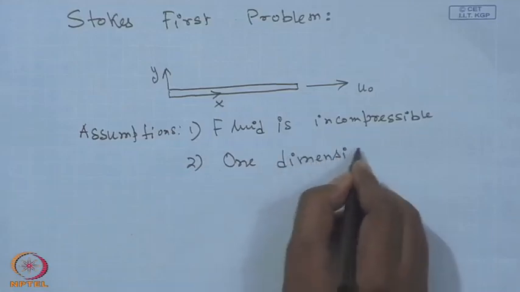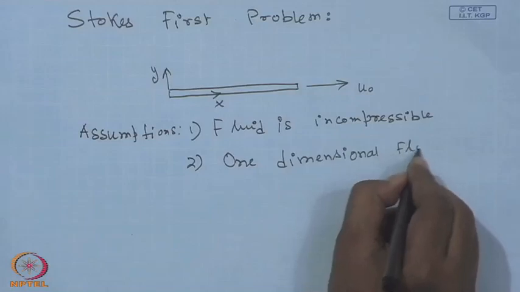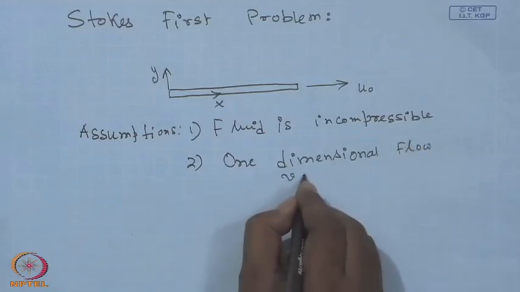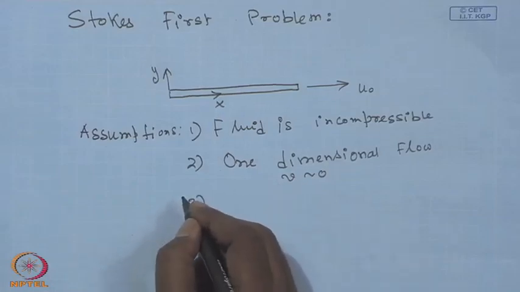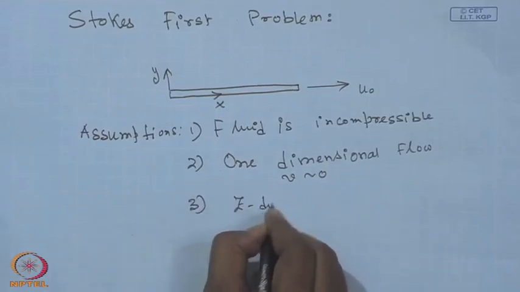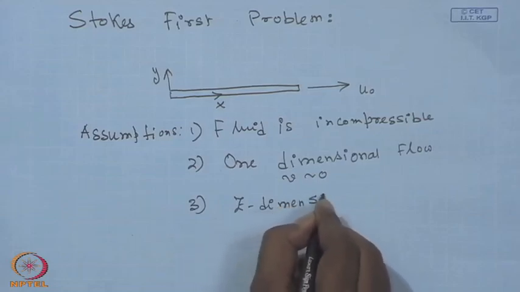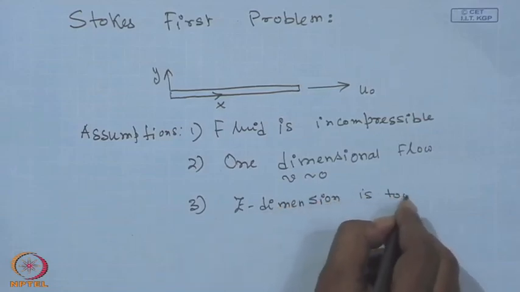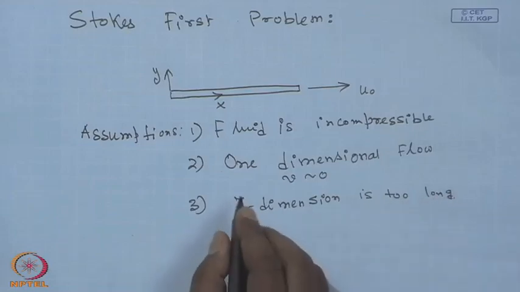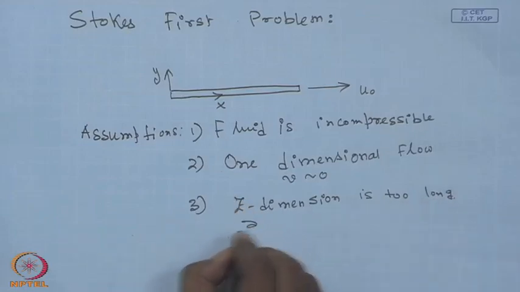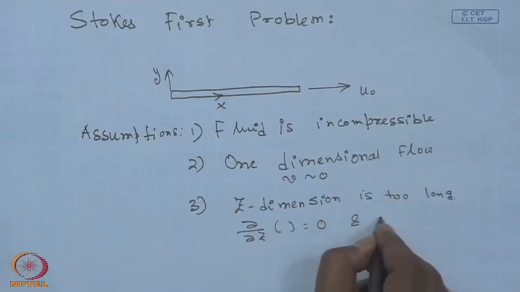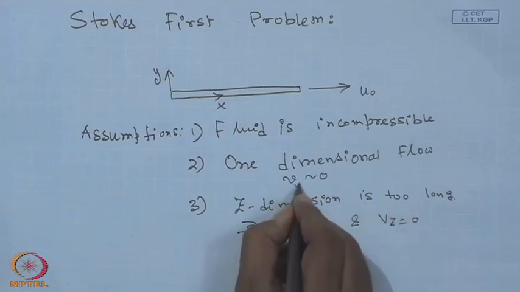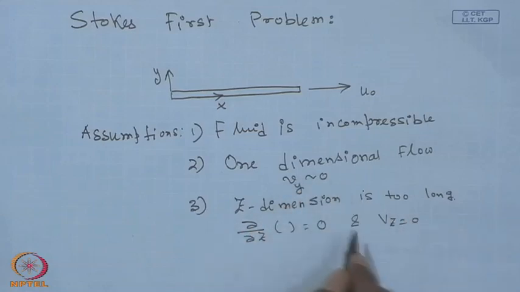That means the y component velocity is not present. The third assumption is that the z dimension is too long. That means any derivative with respect to z, del del z, is equal to 0, as well as the velocity component v z is equal to 0. This v y is equal to 0 for one dimensional flow. For the z dimension too long, we have v z equal to 0.